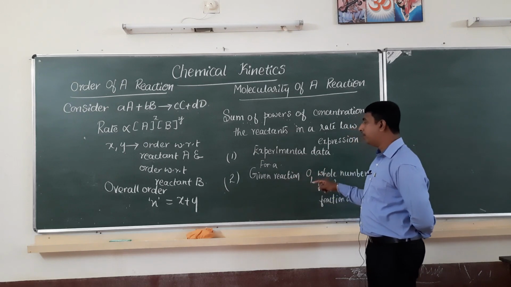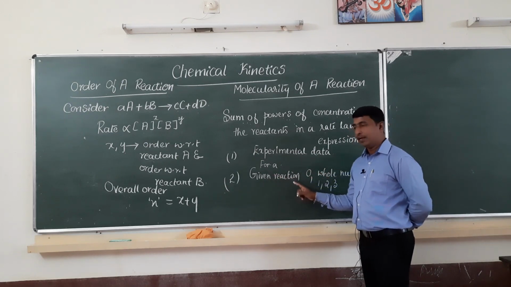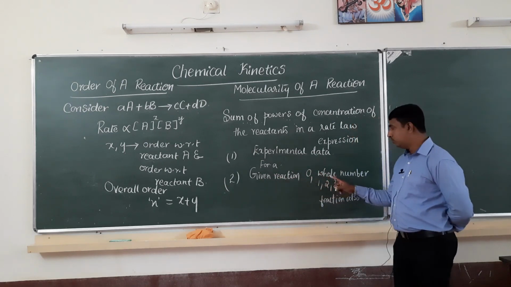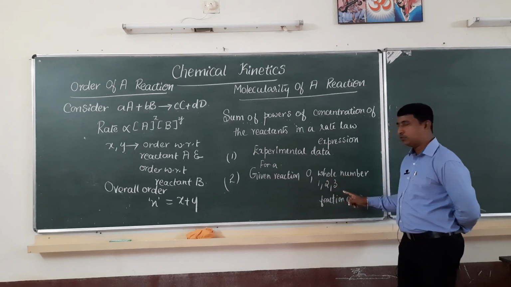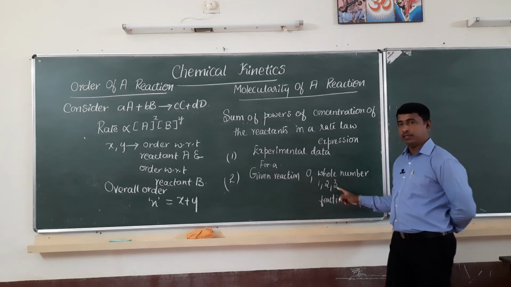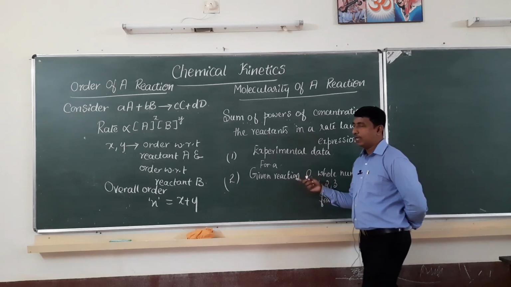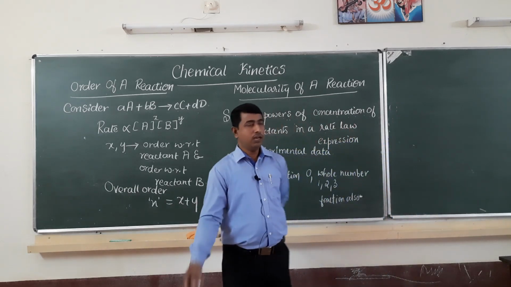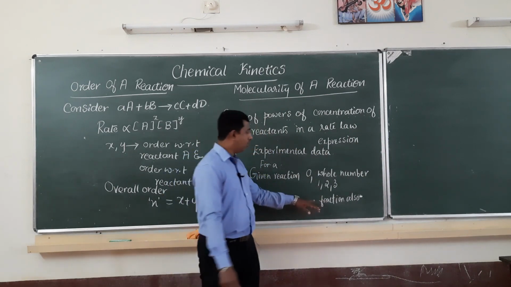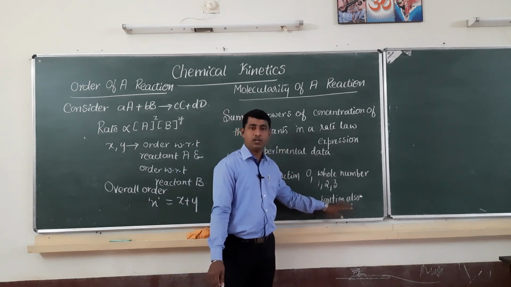Other point you have to remember is, for a given chemical reaction, order can be 0, a whole number like 1, 2, 3, as well as what? As well as a fraction. Whole number, 0 or a fraction.